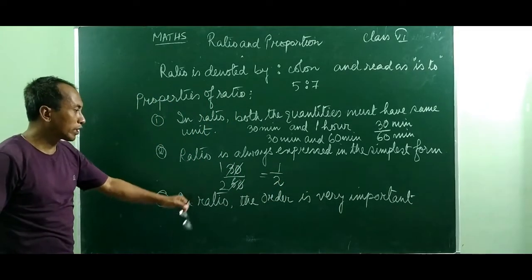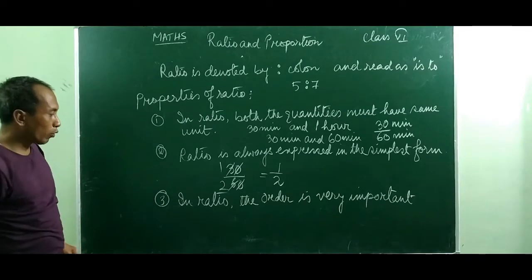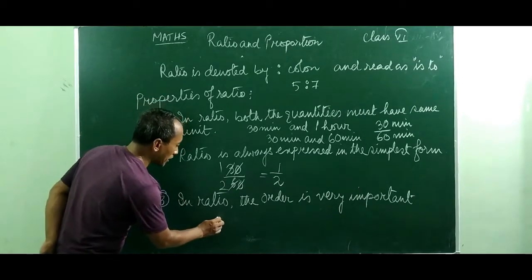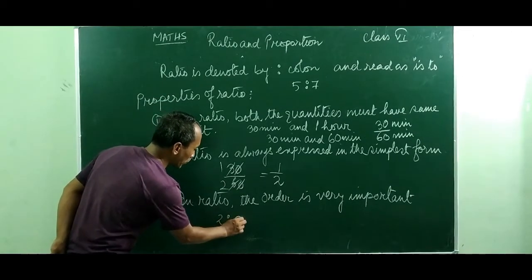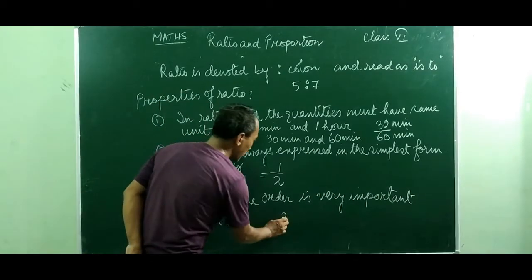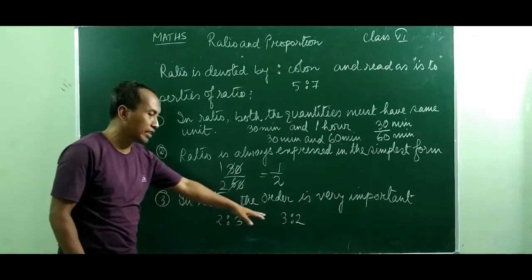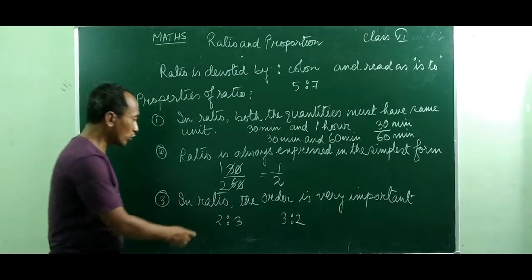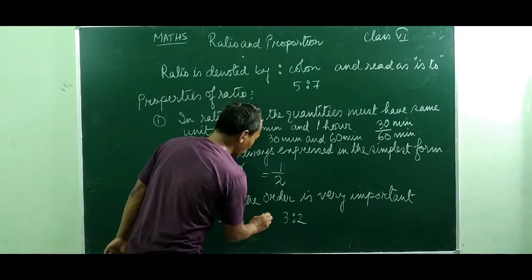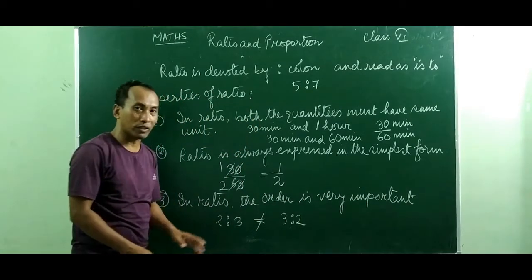Now in ratio, the order is very important. The order is very important means, suppose for example, one is given 2 is to 3, another is given 3 is to 2. If you ask whether these two are same, then we will say that no, 2 is to 3 is not equal to 3 is to 2, because their order is not same.